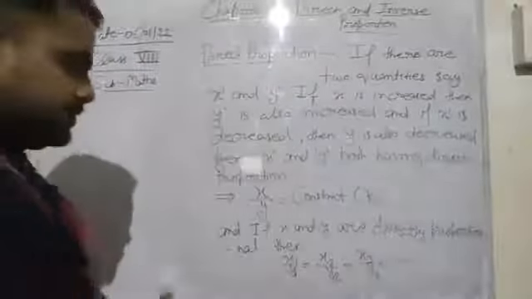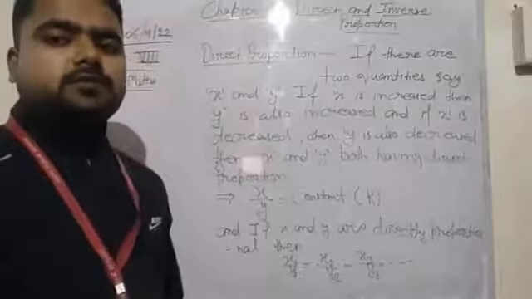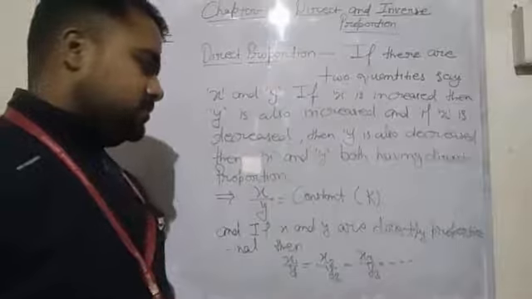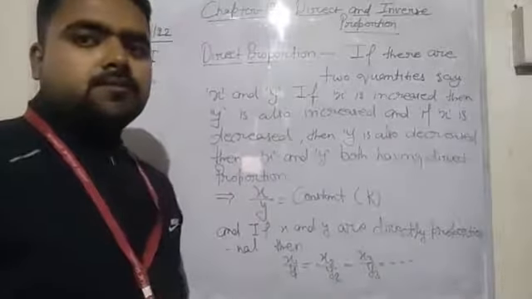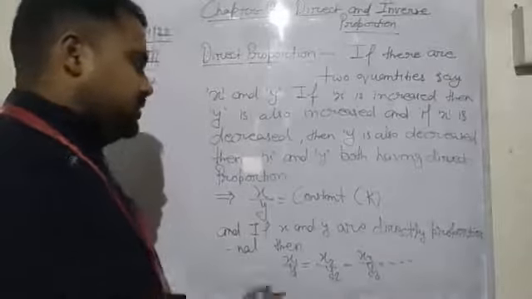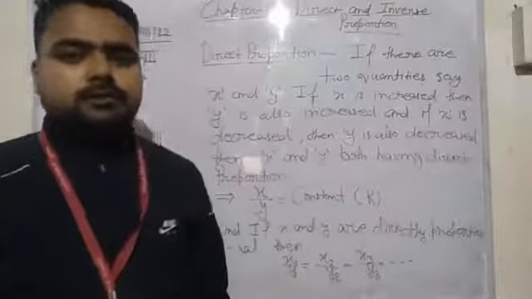The ratio of the first value of x and the first value of y is equal to the ratio of the second values of x and y, and it always has a constant value. Okay, so note it down.